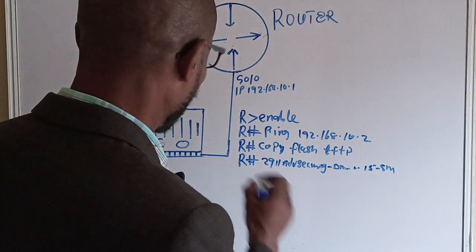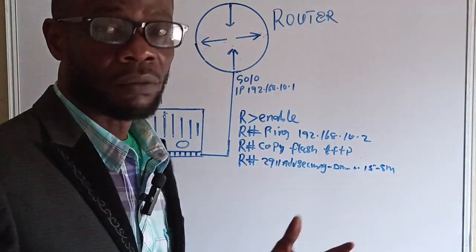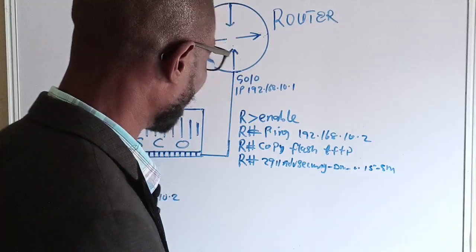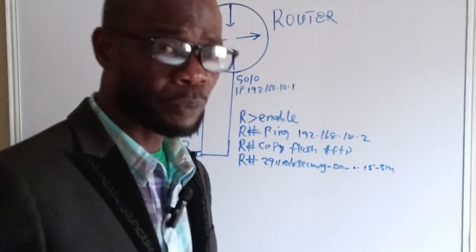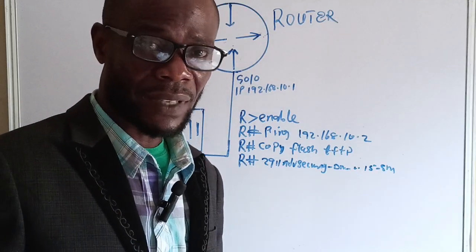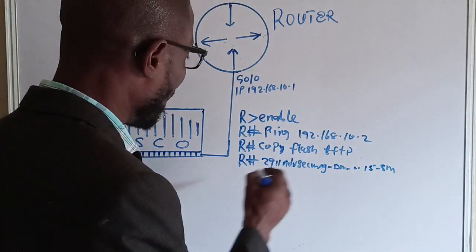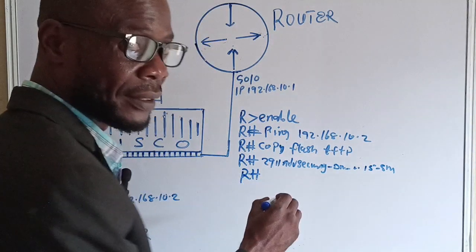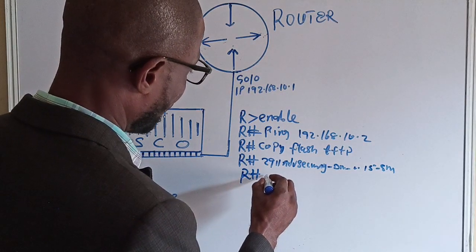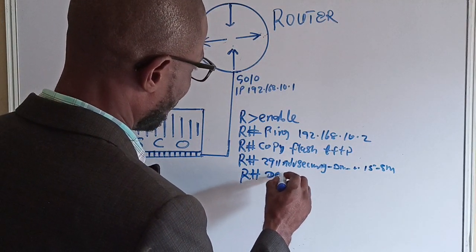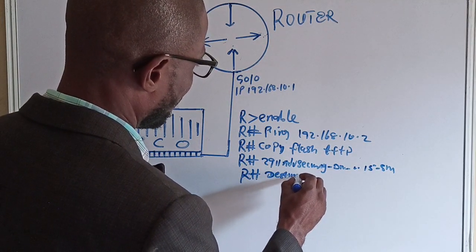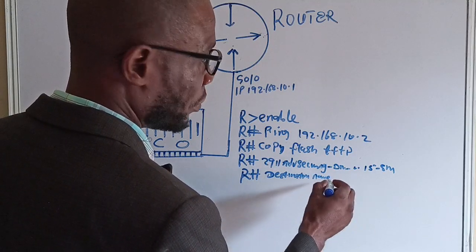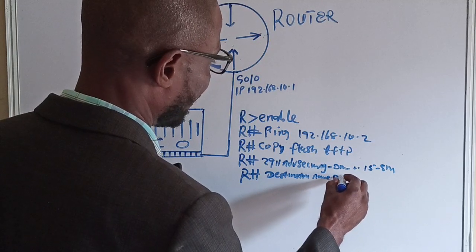You hit enter, and it shows you the destination address. That is where you should put the name or IP address of the destination device. Something like this will be there.